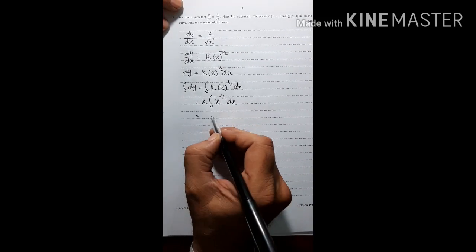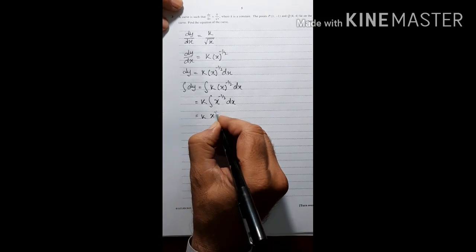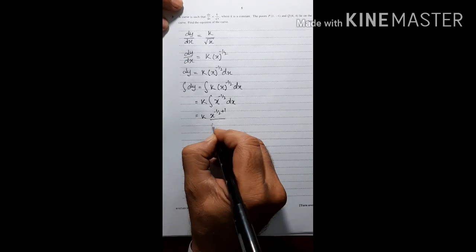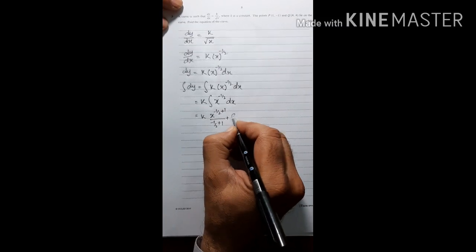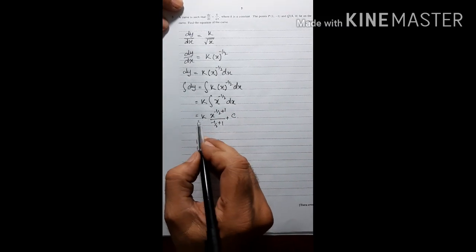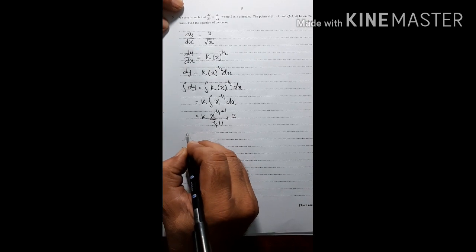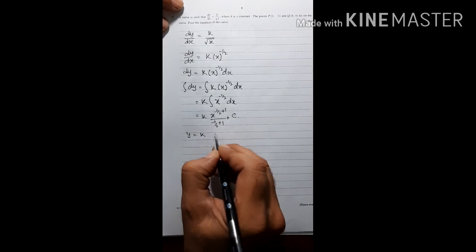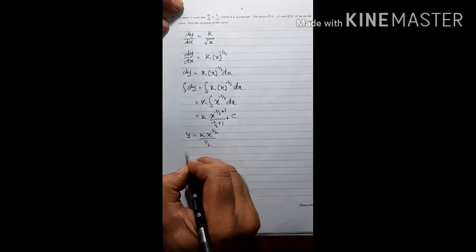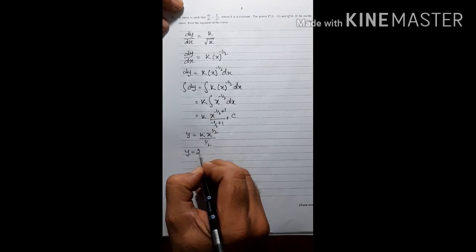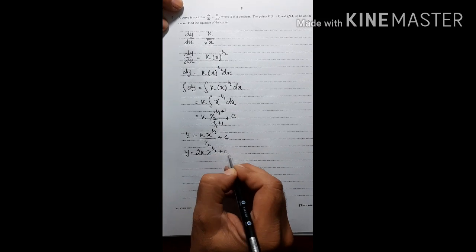Okay, so if I'll integrate it, it will become k x to the power minus 1 by 2 plus 1 over minus 1 by 2 plus 1 plus c. C is the constant. So after simplification, it will become y is equal to k x to the 1 by 2 over 1 by 2. Therefore y is equal to 2k x to the 1 by 2 plus c.